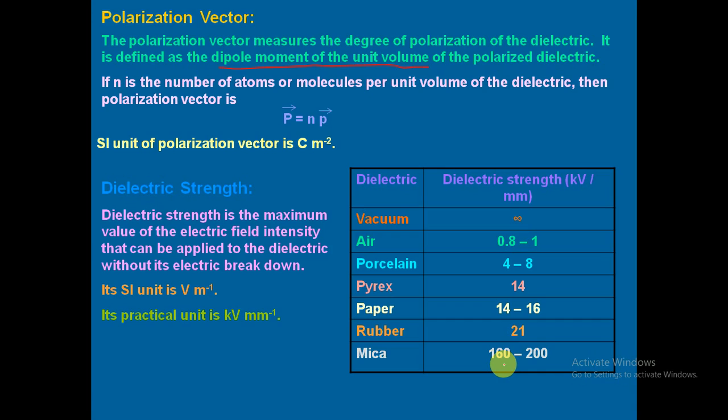Mica 160 to 200. You can see here the dielectric strength is always greater than 1. For vacuum it is infinity, and for air it can be taken as 1. And for any other dielectric medium, the dielectric strength is greater than 1. So for porcelain, pyrex, paper, rubber, mica, these are the dielectric strengths.